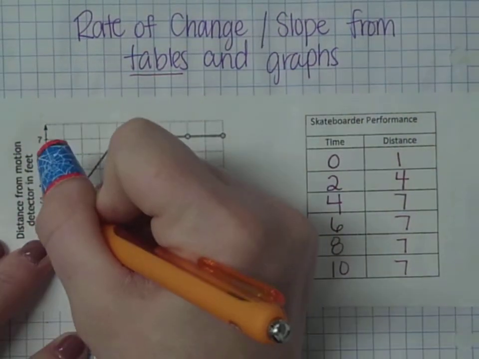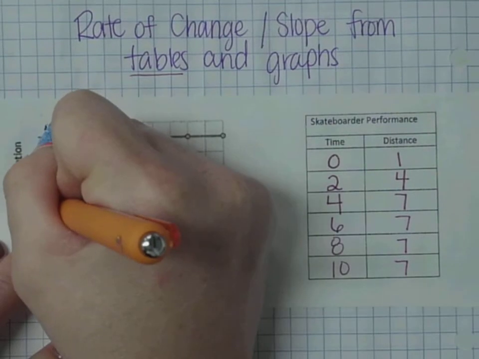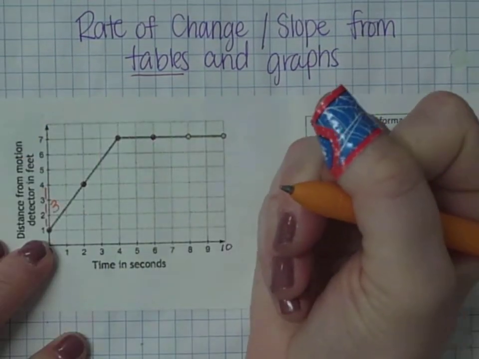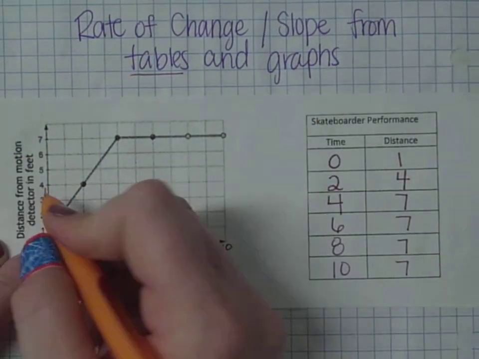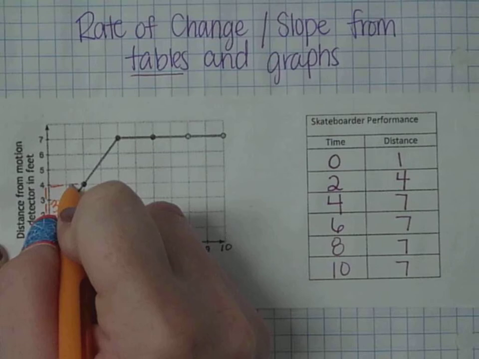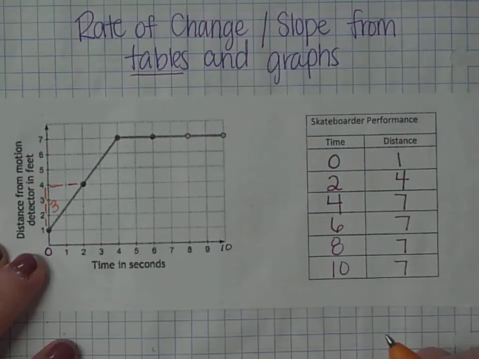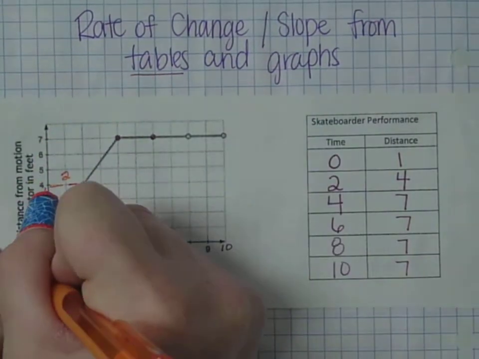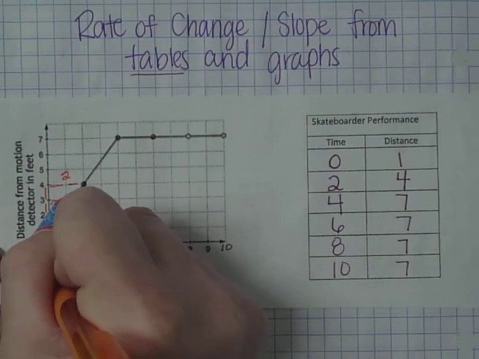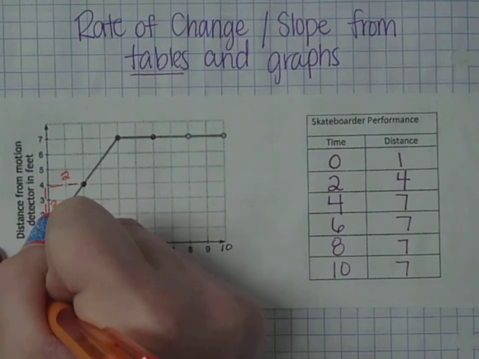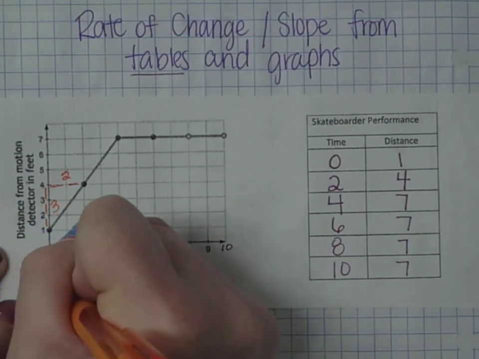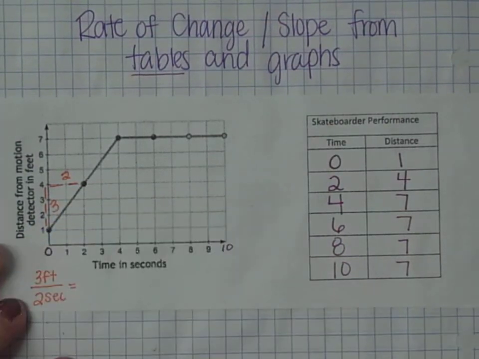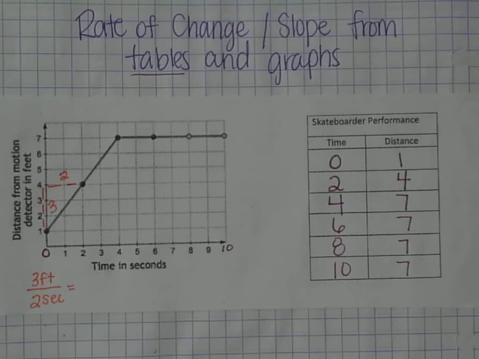So that's 1, 2, 3. So 3 feet in 2 seconds. So we could say 3 feet per 2 seconds. Well, you don't ever hear somebody say, I went 75 miles in 2 hours. You would find out what their actual rate is.